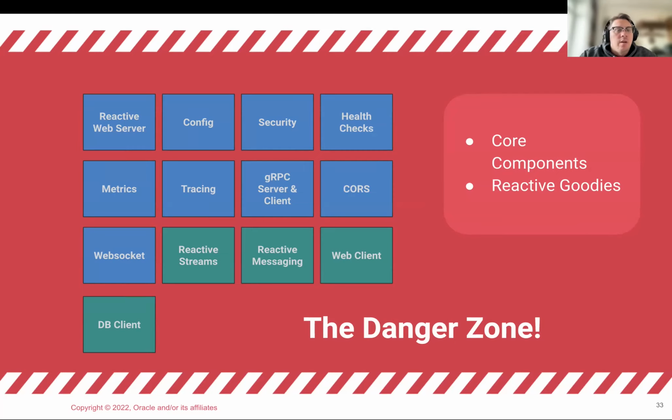So we have configuration, metrics, tracing, health checks, CORS, and even more additional goodies like reactive web client and reactive DB client. If you're more interested in that, just once again, go to my first talk of today, and you will see this more demonstrated there.